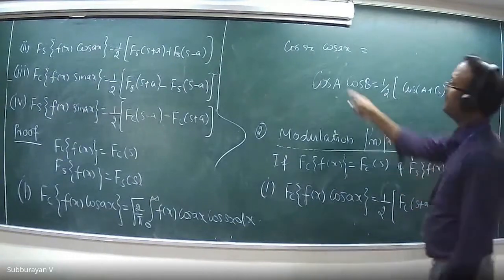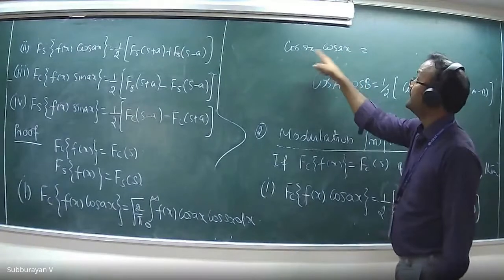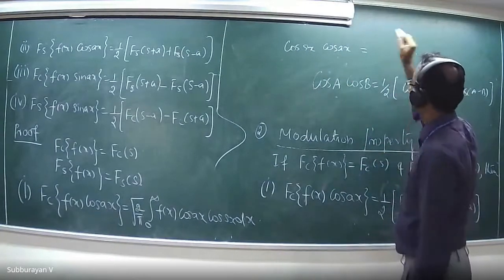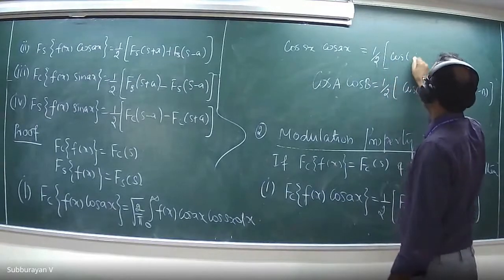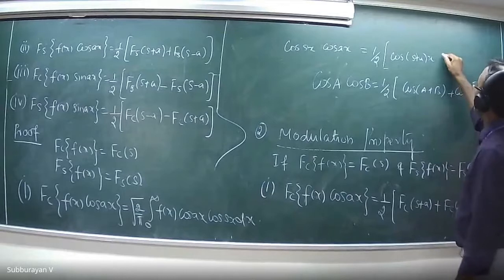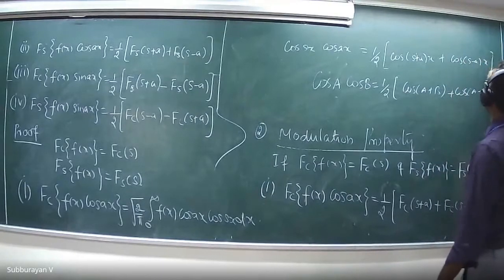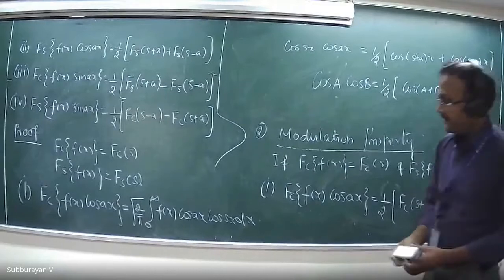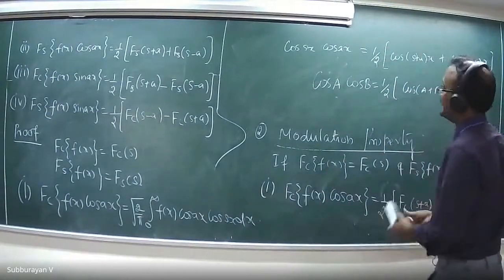Therefore cos sx into cos ax becomes 1 by 2 times cos of s plus a into x plus cos of s minus a into x.